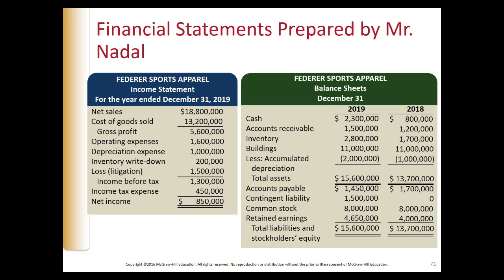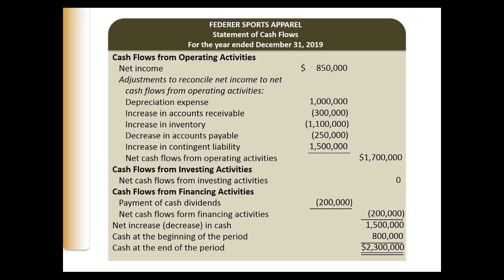So this slide shown here and next presents the preliminary financial statement for 2019 prepared under the supervision of Mr. Nadel. In this slide, you see the income statement and the balance sheet. Now on this slide, you see Federer's statement of cash flows.